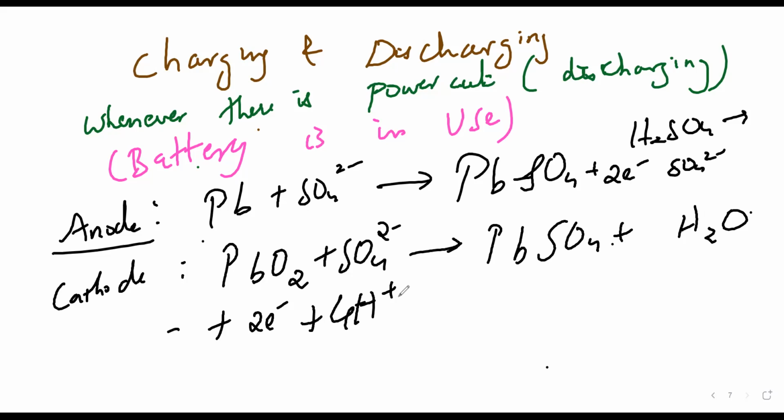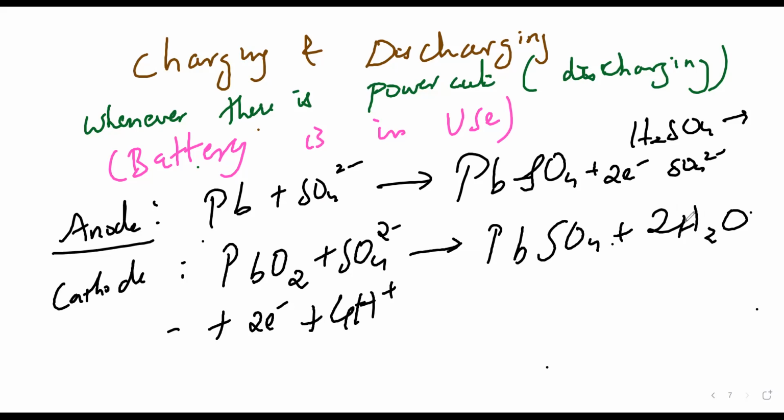This is the redox reaction you learned in class 11, the redox reactions chapter. For balancing, we add H⁺ to the cathode. This is just for the discharging.